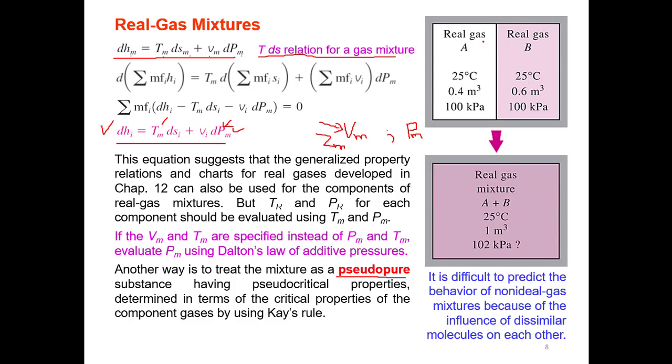For example, let's say we have two real gases, real gas A and real gas B, available at the same temperature and the same pressure, but with different volumes. Let's say gas A has 0.4 cubic meters and gas B has 0.6 cubic meters. How do we calculate the volume of the real gas mixture? We have to use either Avogadro's law or Kay's rule.